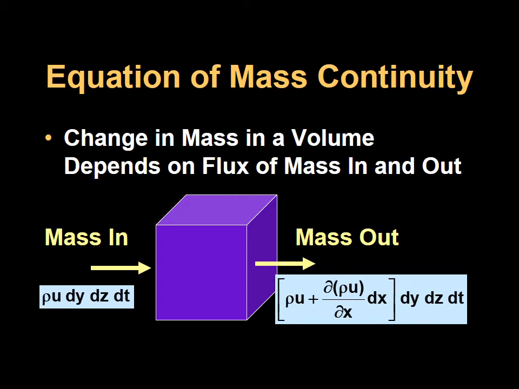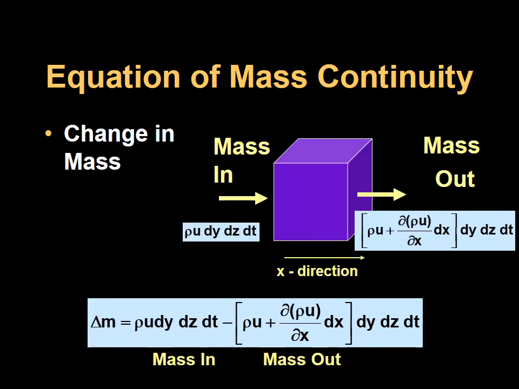So this is what's coming in, and this is what's going out. Take the difference and we figure out what's piling up, how much mass is being added to or taken out of the box. We're just going to take the difference between the mass coming in and the mass coming out, and that'll give us our change in mass.